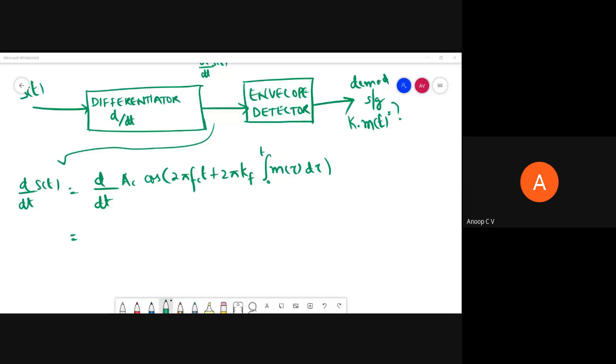Now my question is whether the derivative of cosine is plus sign or minus sign. I got two answers. It is minus sign, so I'll go forward with minus.